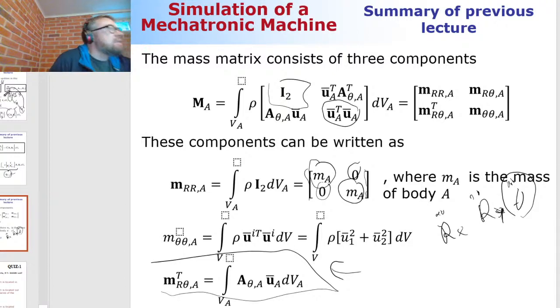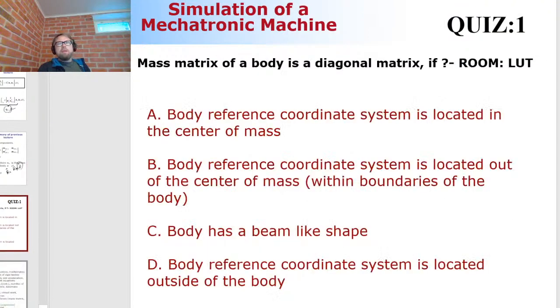You came in immediately. So my question is, let me read the question here. The mass matrix of a body is a diagonal matrix if: the body reference coordinate system is located in the center of the mass; the body reference coordinate system is located out of the center of the mass, within the boundaries of the body.